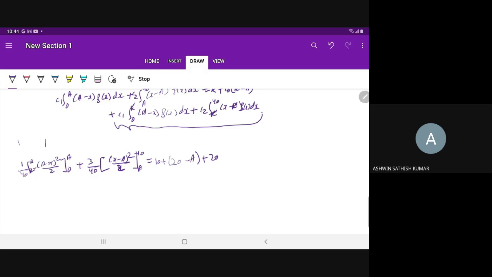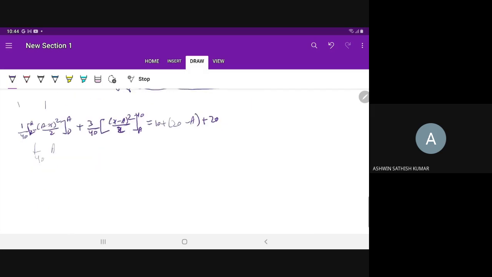So from here, what you will get, a and a is equal to 0. So from here you will get minus 1 upon 40, or 1 upon 40. From the first integral you will get 1 upon 40 A square by 2.